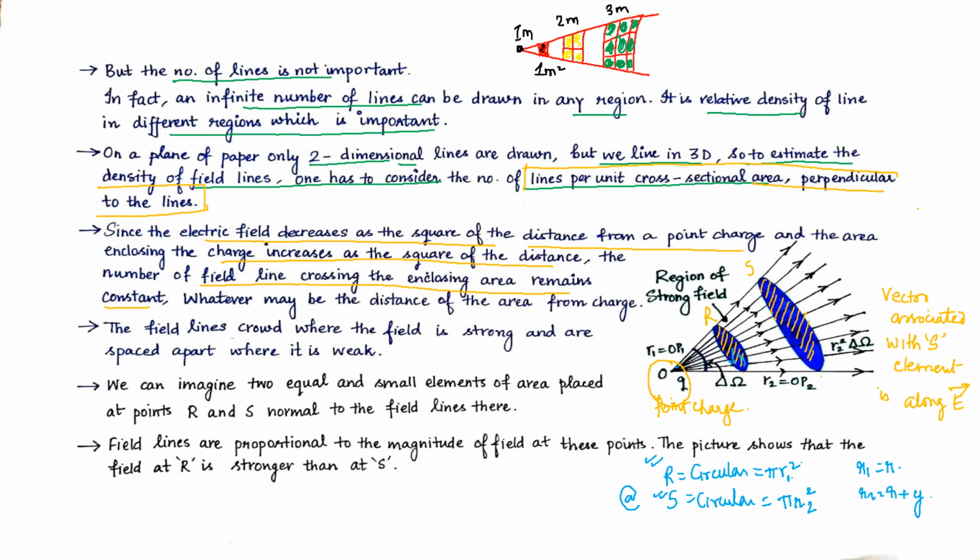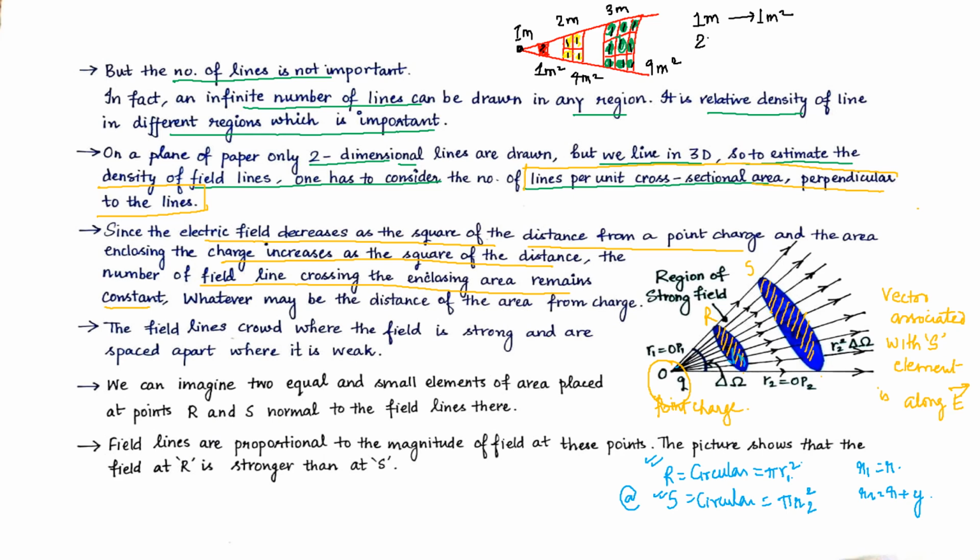1 into 1. What is the area of this? 1 unit for this, 1 for this, 1 for this, 1 for this. This is 4 meter square. Similarly, what is the area of this? 1, 2, 3, 4, 5, 6, 7, 8, 9. It is 9 meter square. So see how the relation is there between distance and area. At 1 meter away from the point charge, area is 1 meter square.